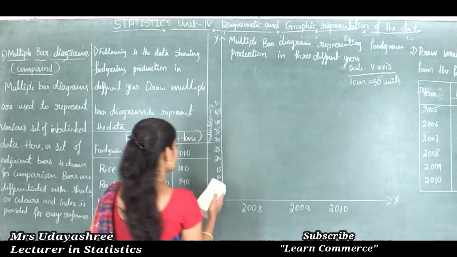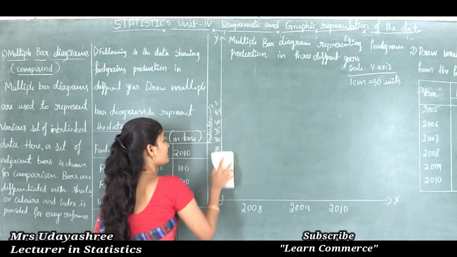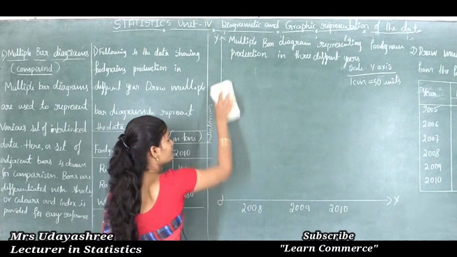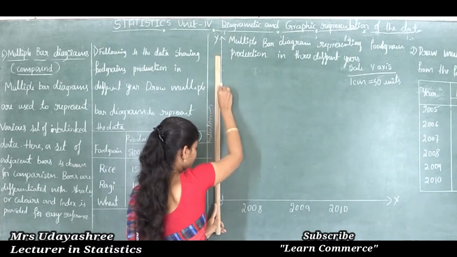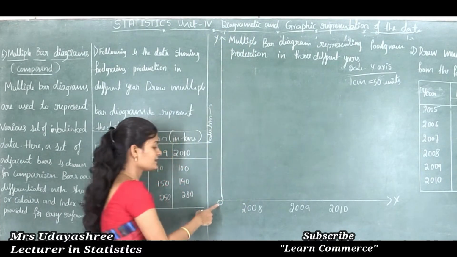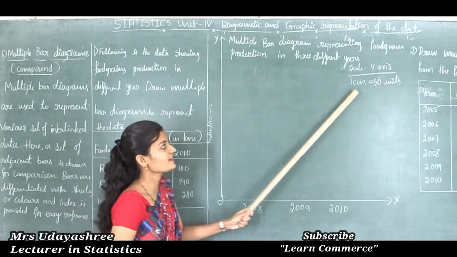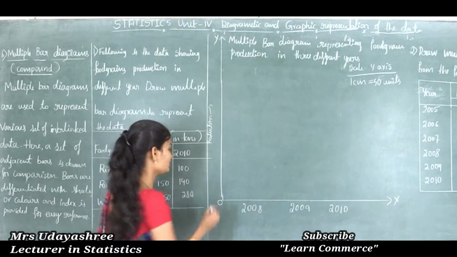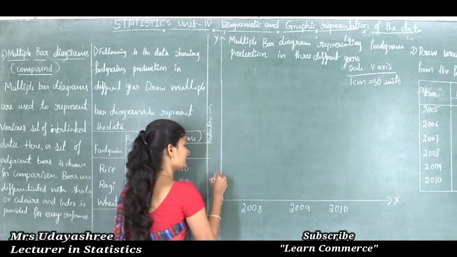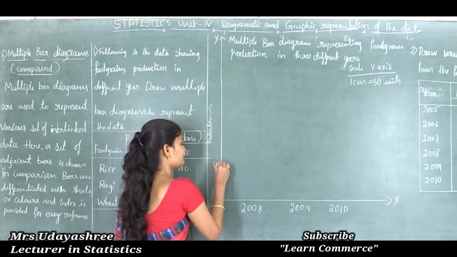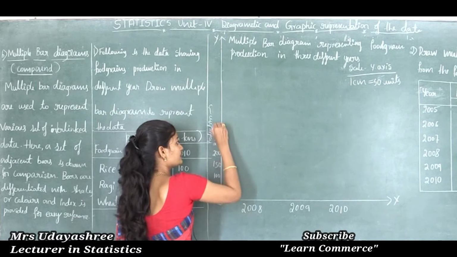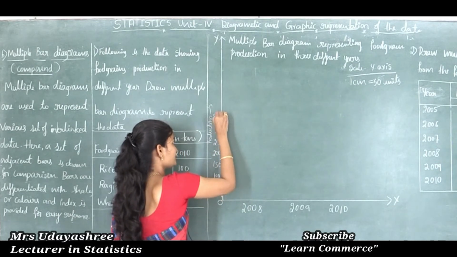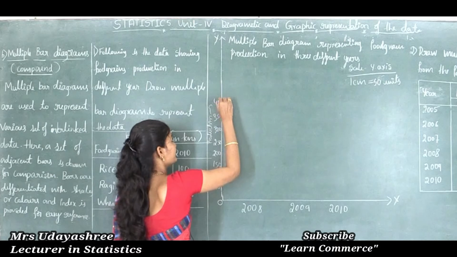Then we can draw this diagram. Here the origin is 0 and 1 centimeter is equal to 50 units. So 50, 100, 150, then 200, 250, 300, 350, 400, 450.